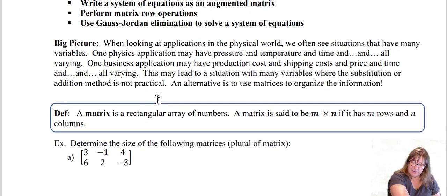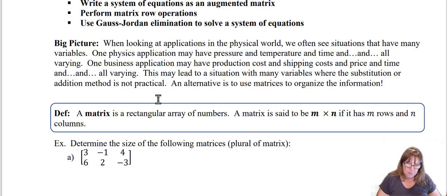You can read that big picture idea up there at the top, but basically what it boils down to is what we looked at in Unit 5 was all two variables. The physical world that we live in often has more than two variables that are happening at the same time, right? Time is changing, temperature is changing, pressure in a physics application.